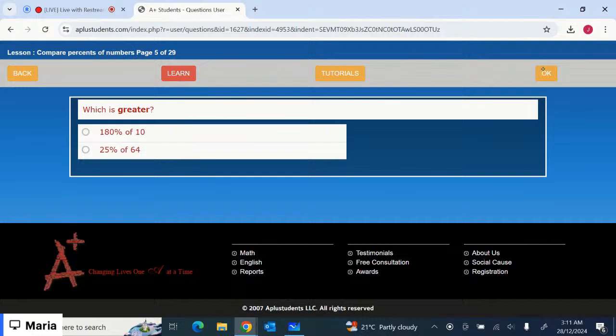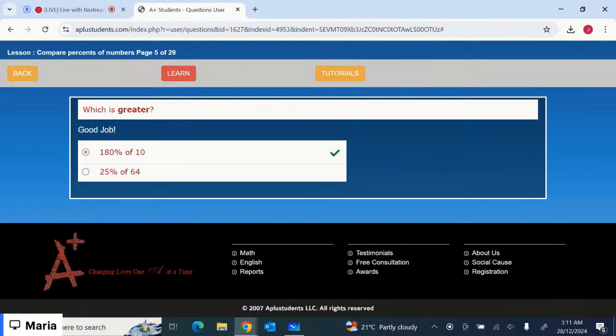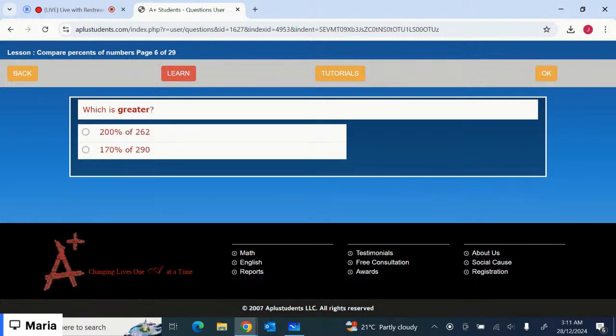The correct option is 180% of 10 is greater than 25% of 64. Option number 1 is the correct option. Very good.